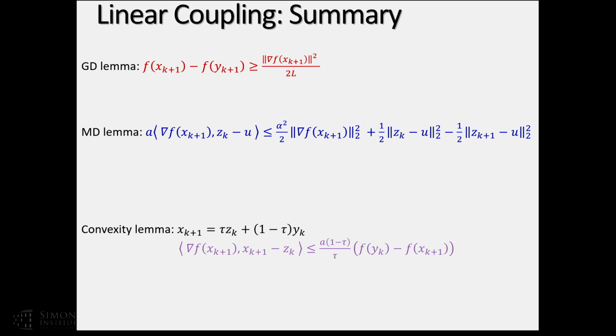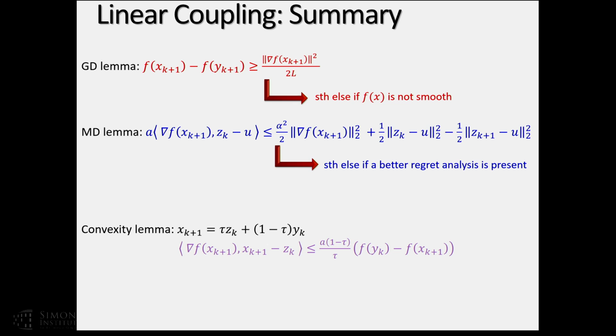But what is more amazing here is that those are only generic lemmas. They apply to essentially any smooth function, period. But for a specific, say, theoretical computer science problem, or whatever problem you have in hand, you'd better design your own gradient descent lemma, your own mirror descent lemma.